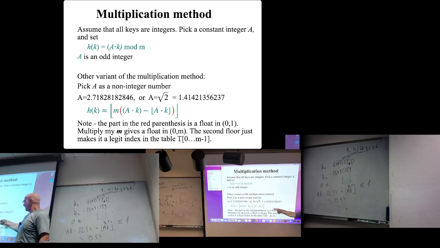I mean, here I'm using it for storing things in the table. It must be a number between 0 and m. The inner one, I understand. The outer will make some, yeah. This one just makes it an integer. Yeah, but because we are rounding it to a floor, we're going to make some different indexes map into the same cell, right?